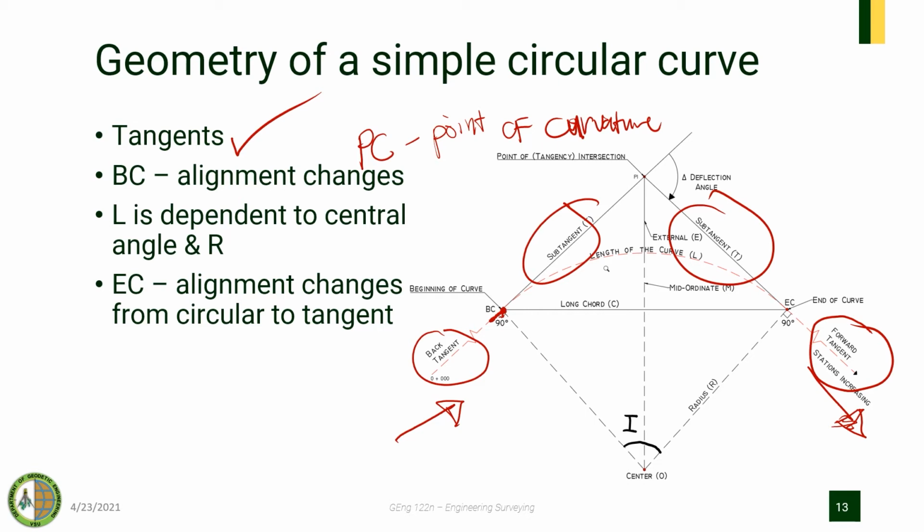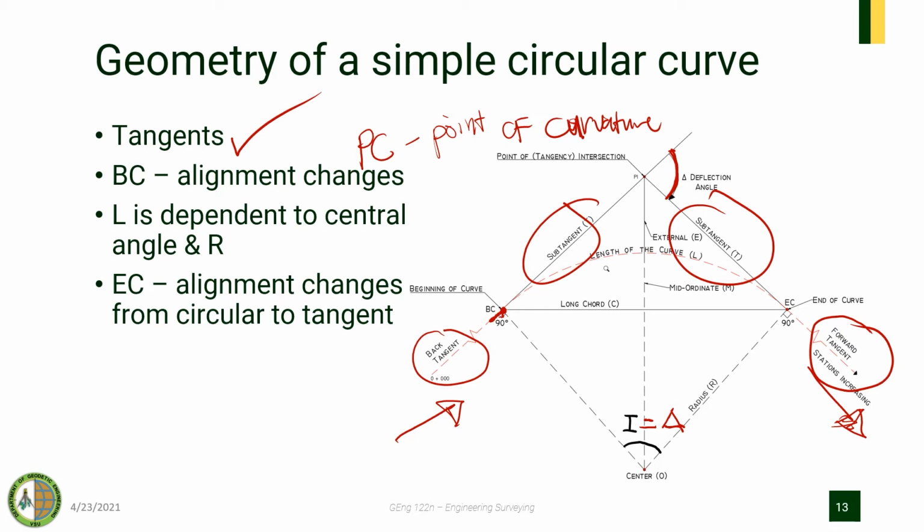Again, the length of the curve, or L, is dependent on the central angle and the radius. This is also equal to delta, which is the deflection angle of the two tangents. So this is equal to this central angle. Take note there are many references that use delta as the central angle, or I as the central angle, or any variables that they want to use.